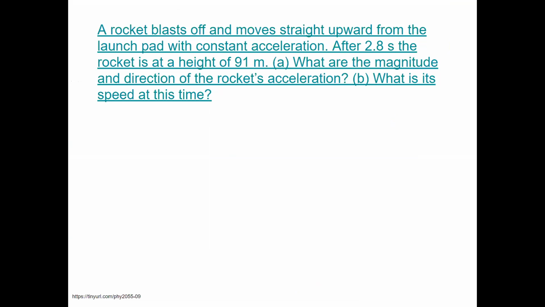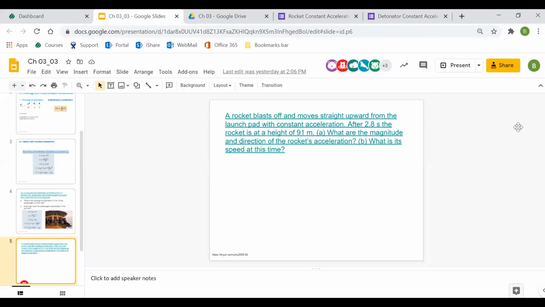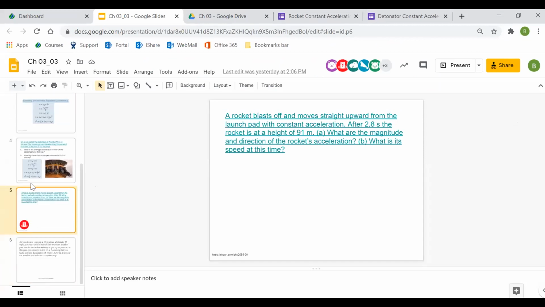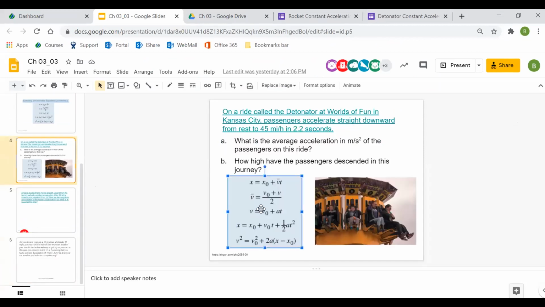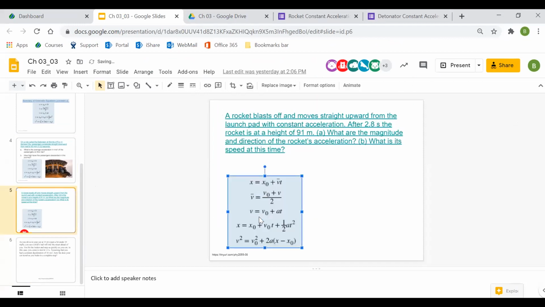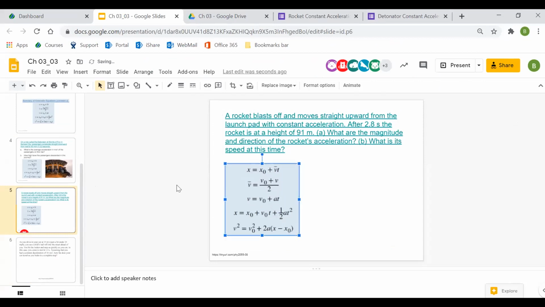Okay, go ahead and give it a try. Again, you'll be just looking at those 5 equations and then pick one or maybe 2 or 3 on this one, okay?